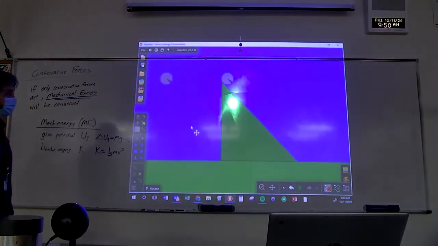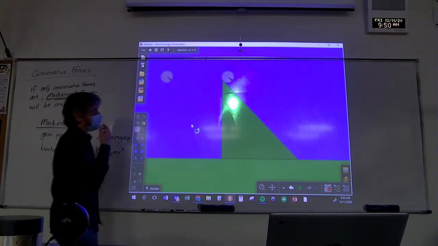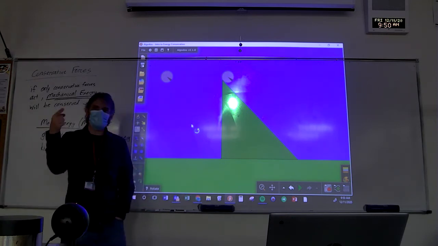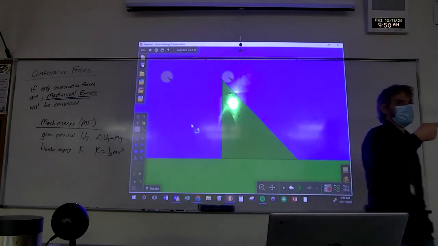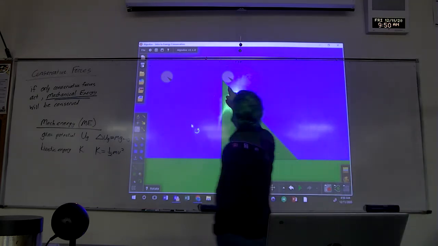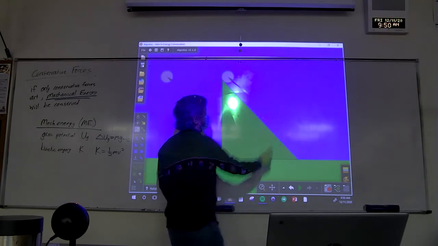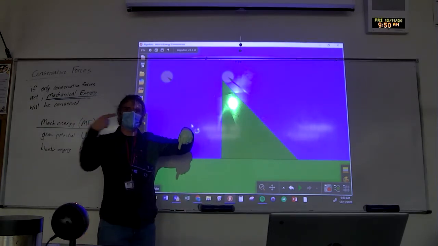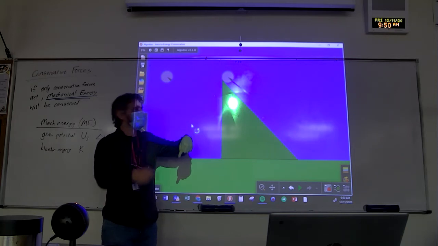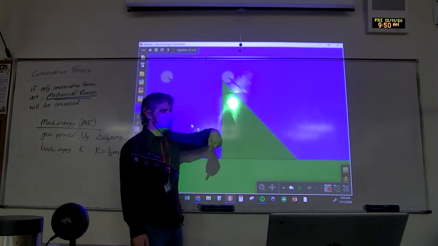So situations that we're more likely to see are situations like this. Right? Now, as an object moves horizontally, how much work does gravity do on it? Zero. So if this object moves down the hill, then gravity is really only doing work in the vertical direction. It's not doing any work in the horizontal direction, right? Because gravity points down, it is moving horizontally.